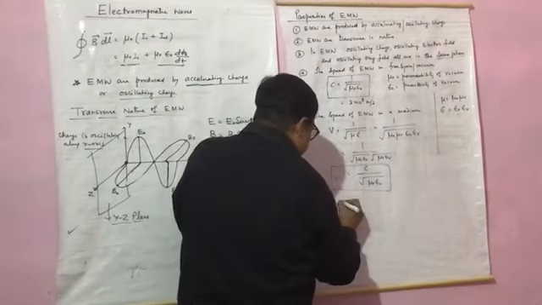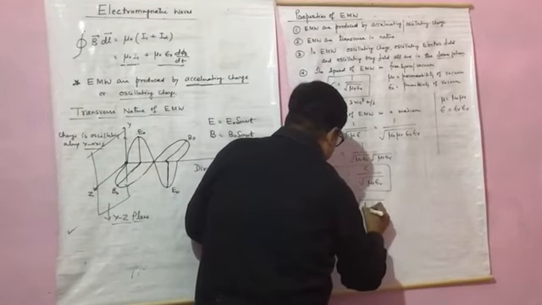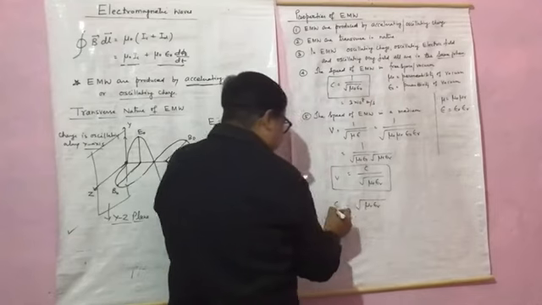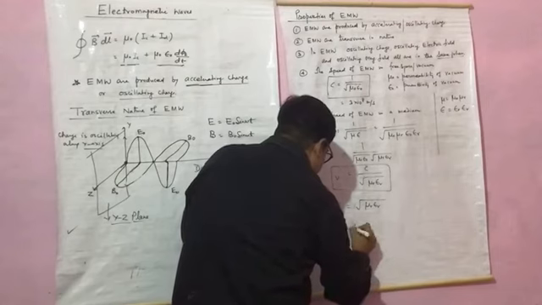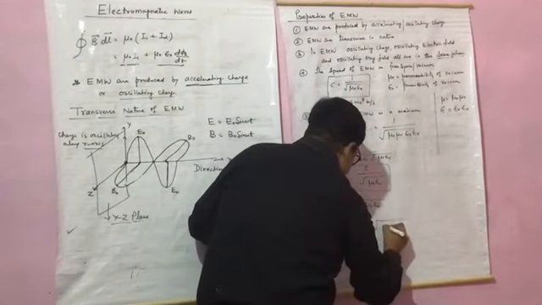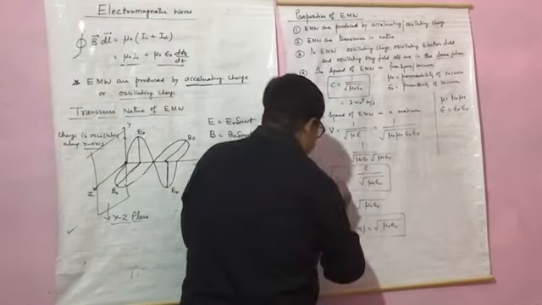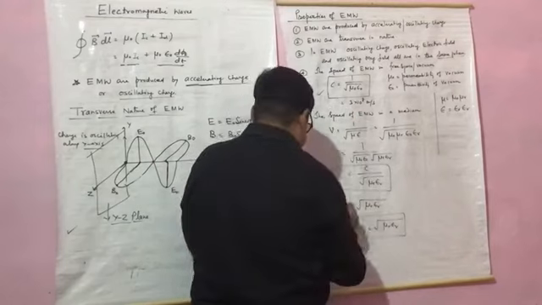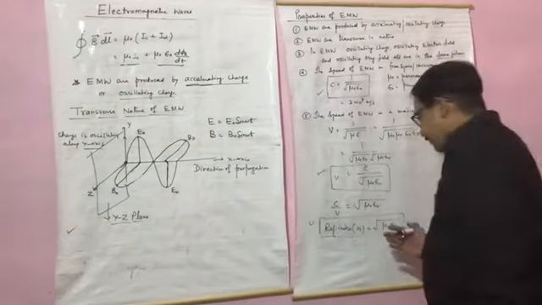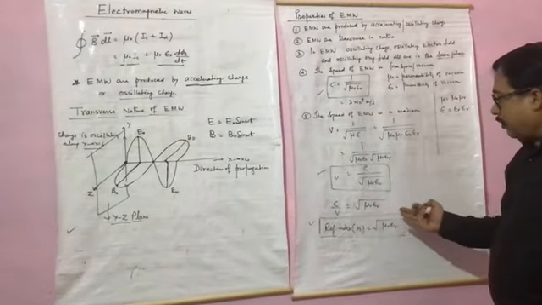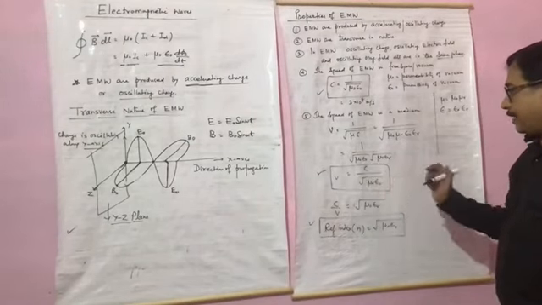Now c upon v is under root mu r epsilon r, and c upon v is refractive index n. So we have got many relations. The refractive index of the medium is given by under root mu r epsilon r, and velocity in any medium is given by c upon under root mu r epsilon r.